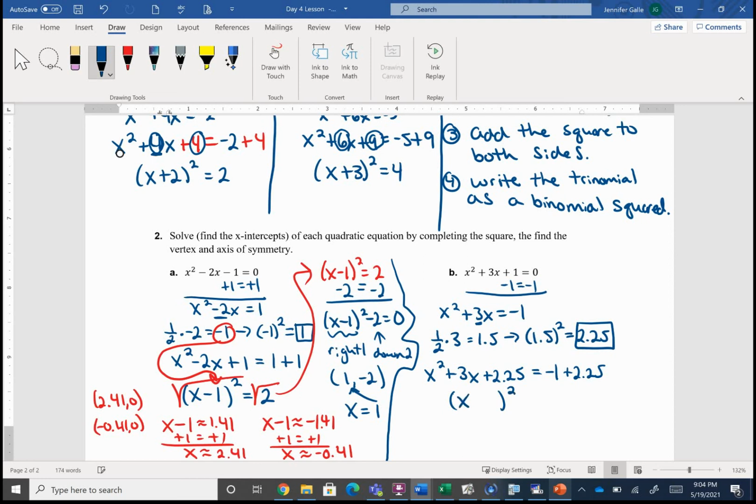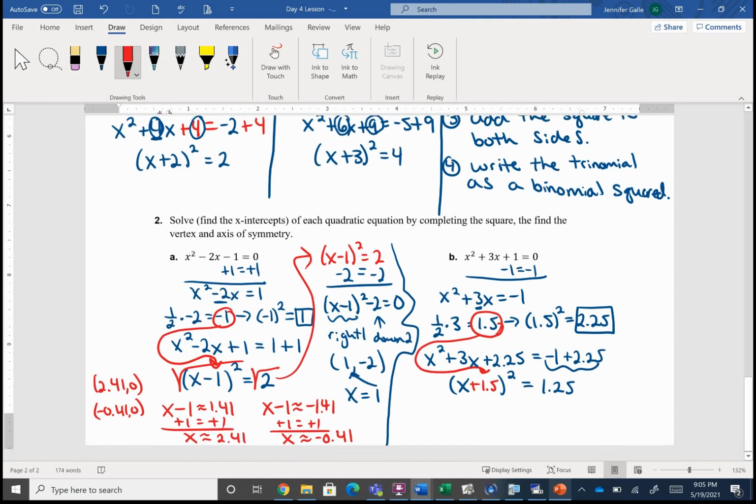We're always going to have our x in there. And then again, half of our b value goes in the parentheses. And then over on the right, we're going to simplify here and get 1.25. Your square is complete at this point.